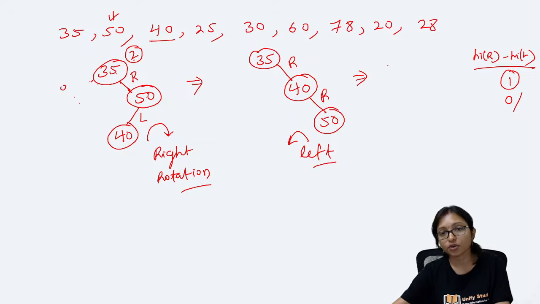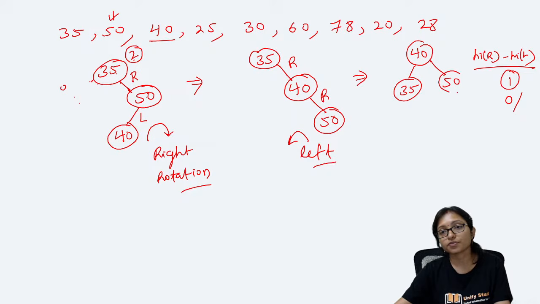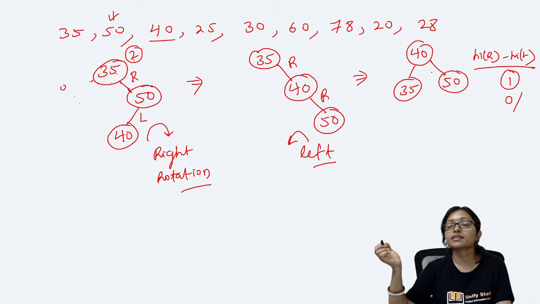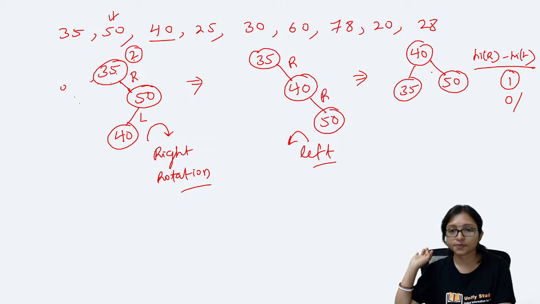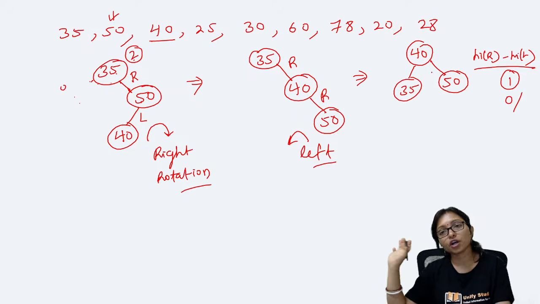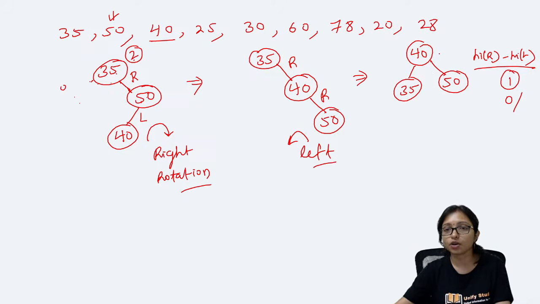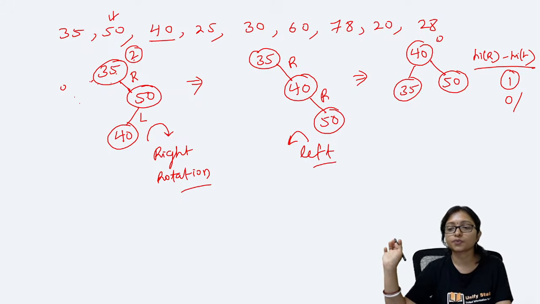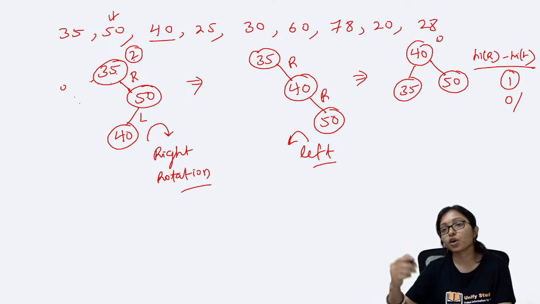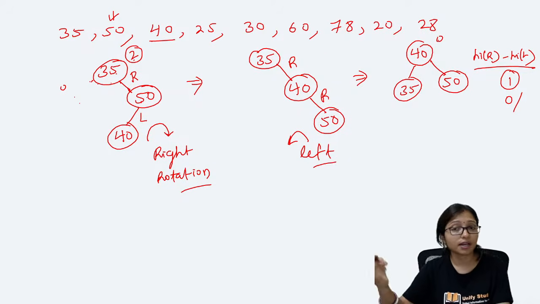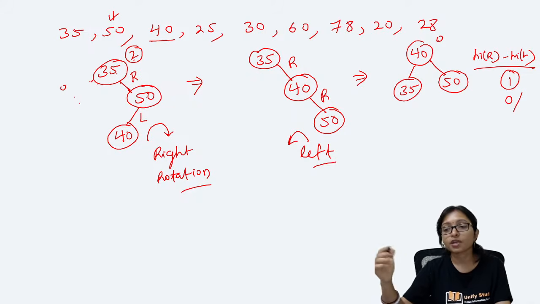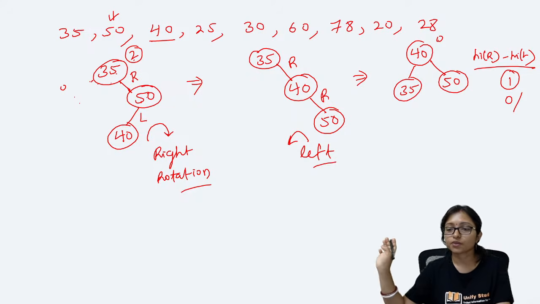After doing the left rotation, how will it be? 40, here is 35, here is 50. Now you can see it is balanced. Is it balanced or not? Yes, this is now balanced because the balancing factor is 0. Right subtree also has height 1, left subtree also has height 1. That's why here it is 0. Got it?